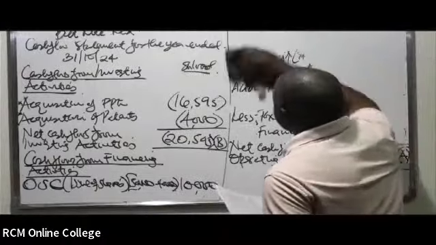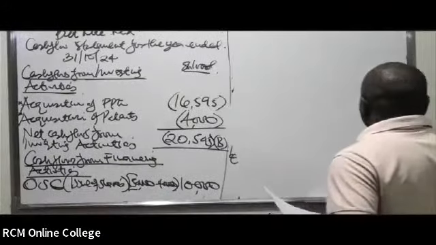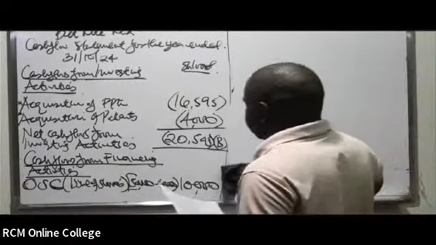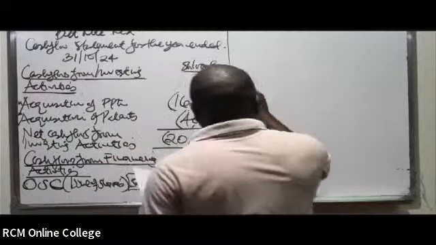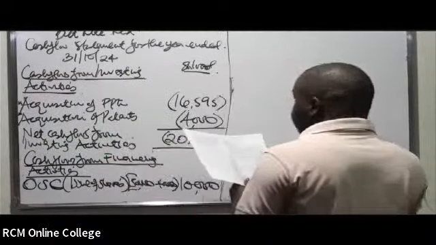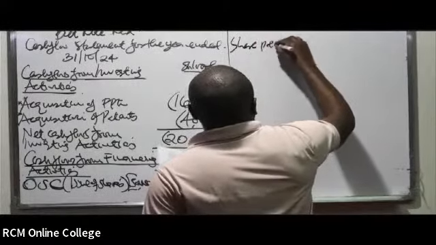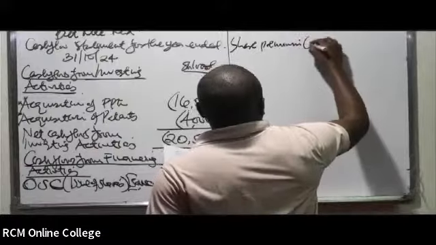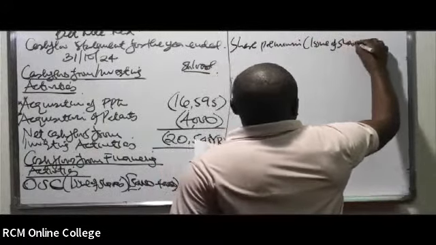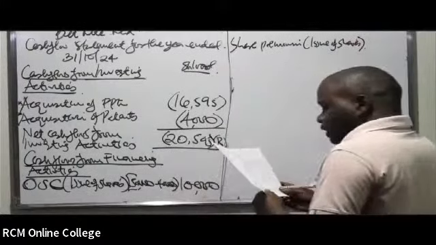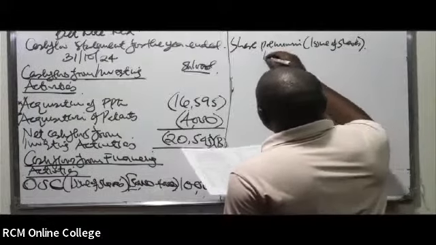Still on the share premium, there's an increase, which is from the same issue of shares. On the share premium, you can see they open with 10, but they're closing with 12,500.